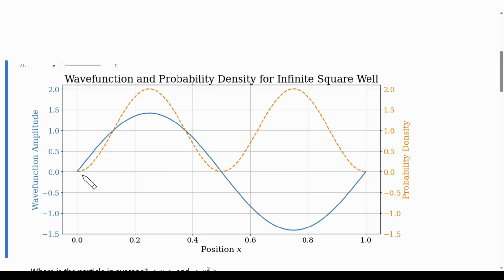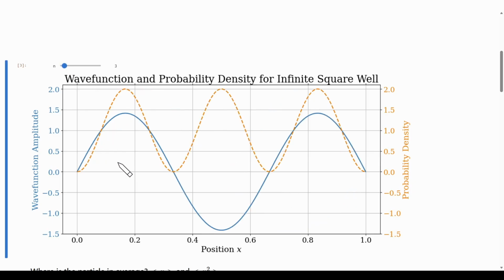So not only at the boundaries, but also there is a point in the middle where the probability that the particle is there is 0 when the eigenstate is the number 2. And the peaks will be around 0.25 and here around 0.75.